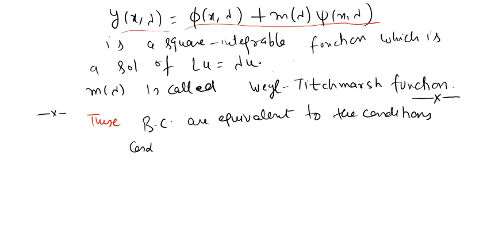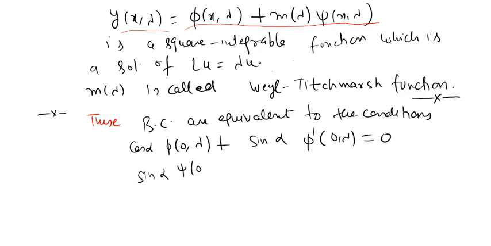So just multiply something and add. So cos alpha phi 0 lambda plus sin alpha, these are the conditions in phi equal to 0, and another condition in psi: psi 0 lambda minus cos alpha psi dash 0 lambda equal to 0. So those conditions are equivalent to these conditions.